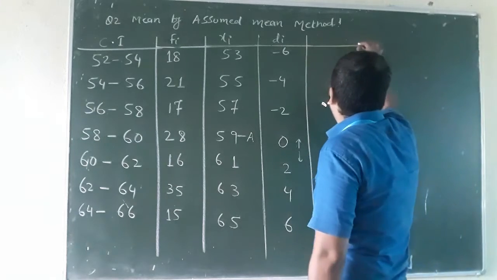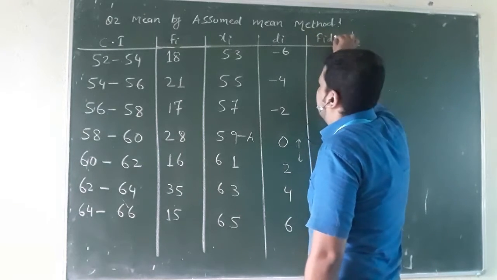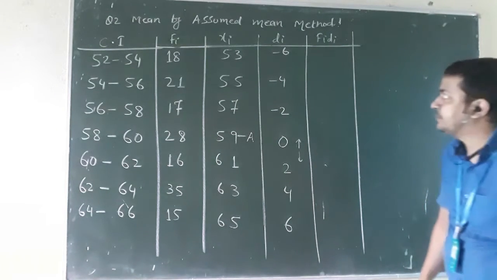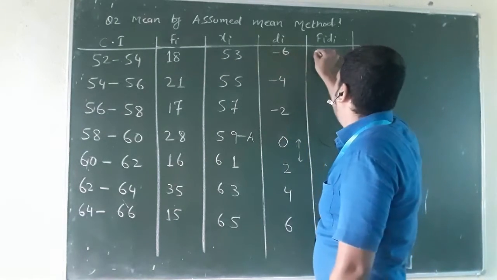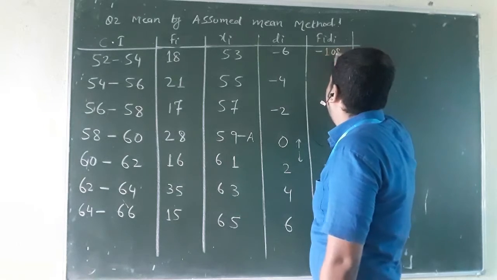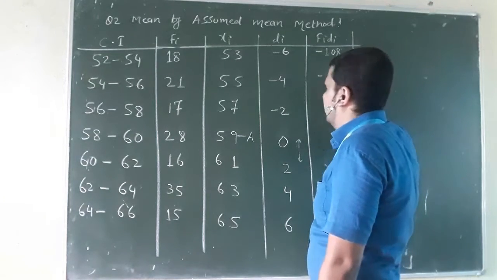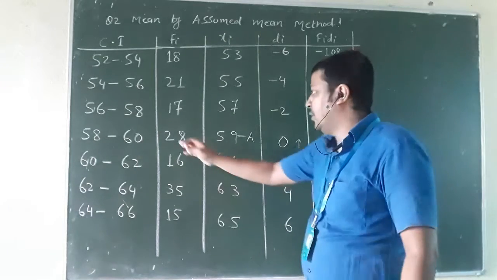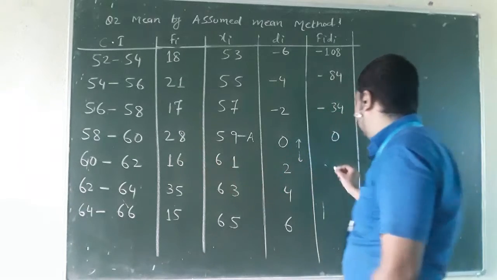And now first of all we have to find fi di. So 18 into 6 is how much? 18 into 6 is 108, so for this one it will be -108. 21 into 4 will be -84. 17 into 2 will be -34. 28 into 0 will be 0. 16 into 2 is 32.